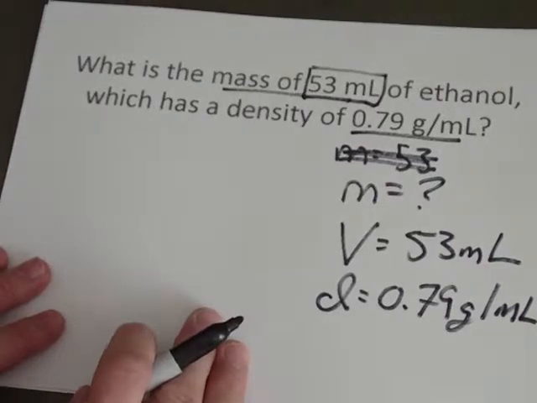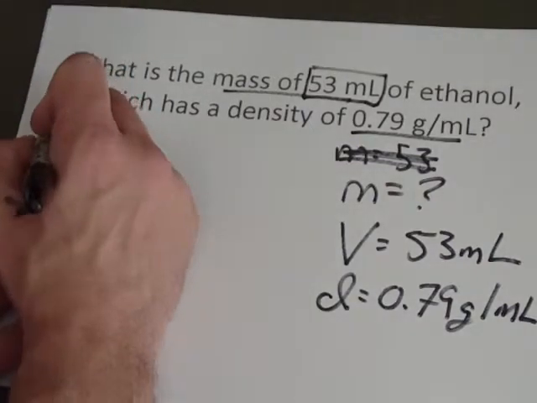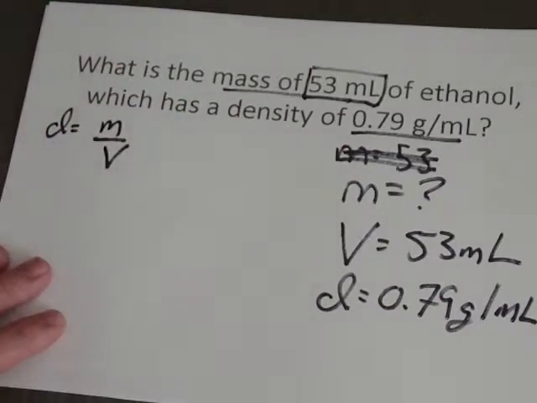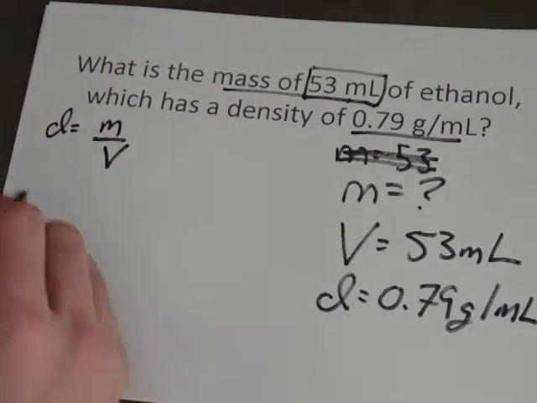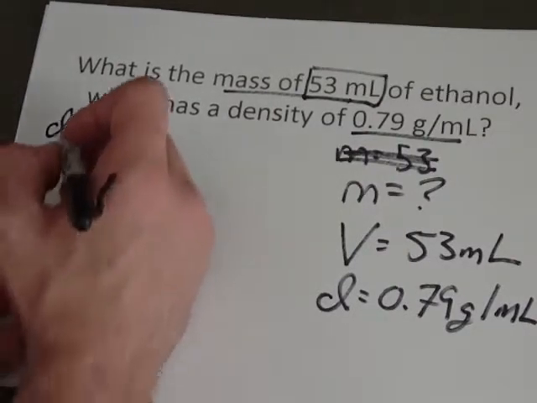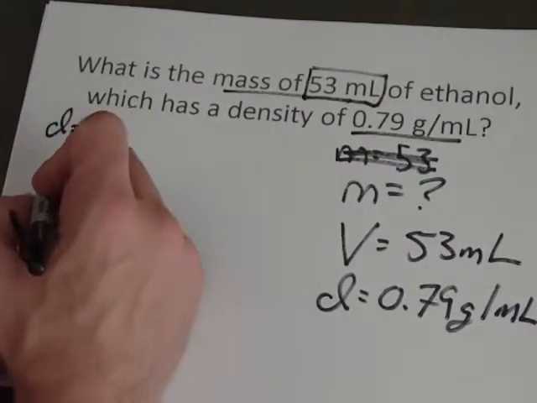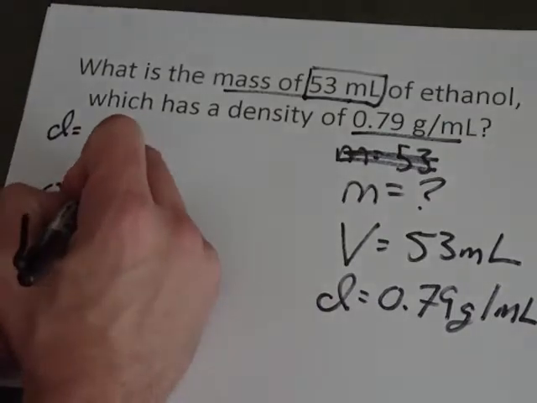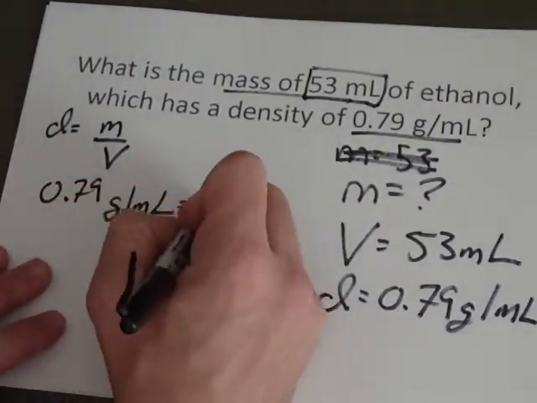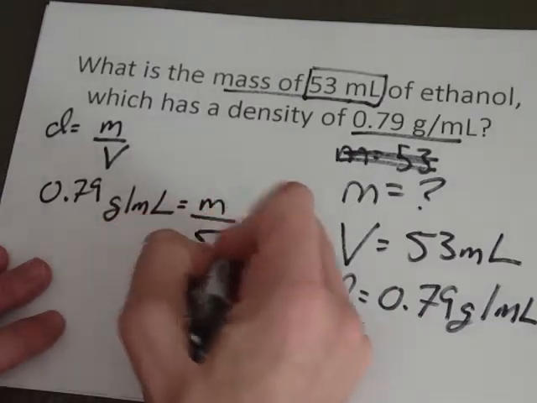So we can do this 2 ways. We can do density is equal to mass over volume. And then we don't know the mass. And so we can just put our numbers in. 0.79 grams per milliliter is equal to m over 53 milliliters.